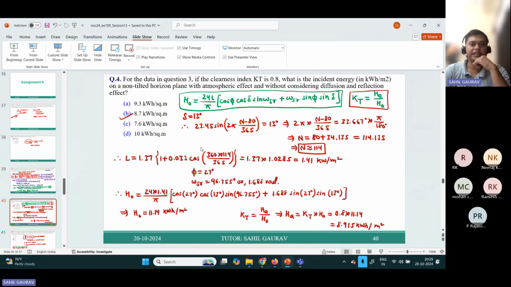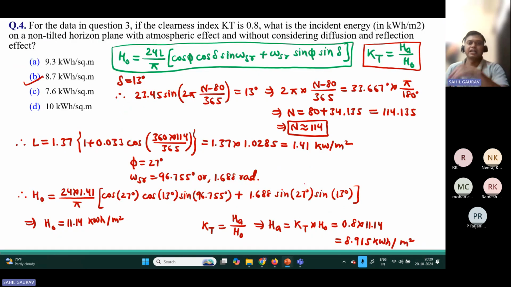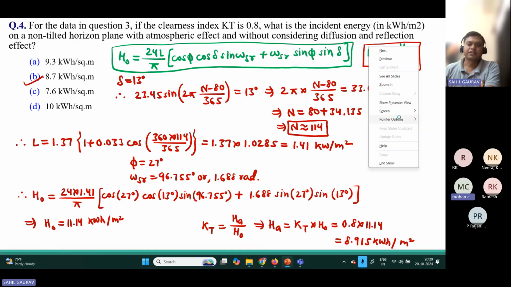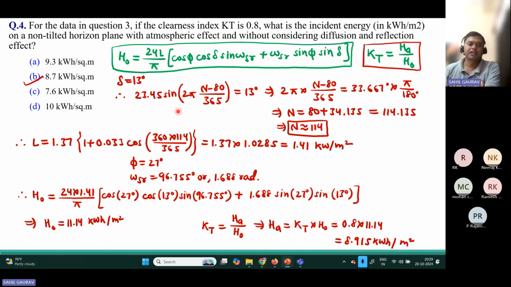The clearness index is given, and the clearness index is H_A upon H naught. So let us first find this H naught. For H naught, we have to find the insolation on that day. Insolation on that day is 1.37 I_sc into 1.1 plus 0.03 cos(360 N upon 365).